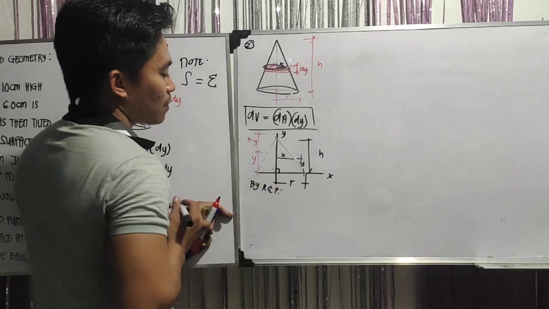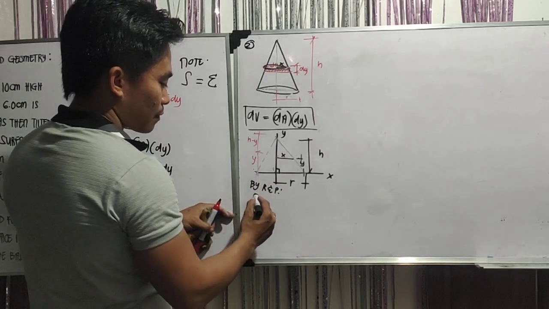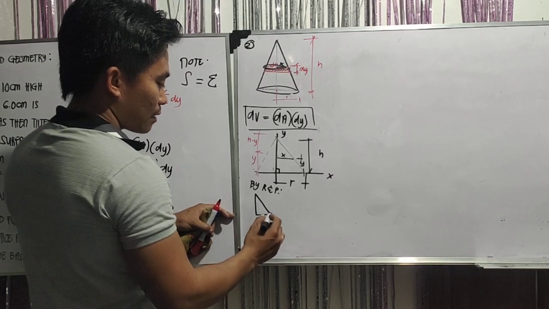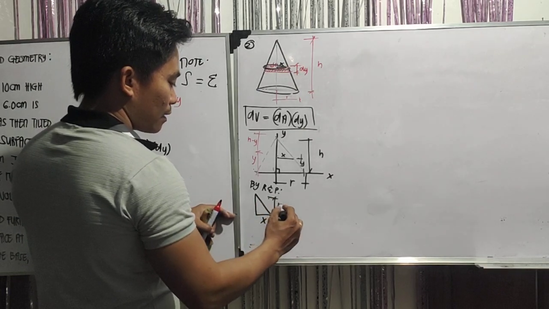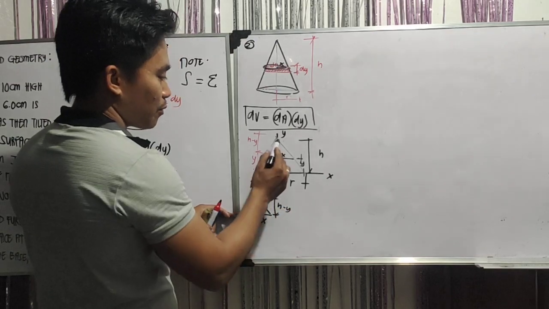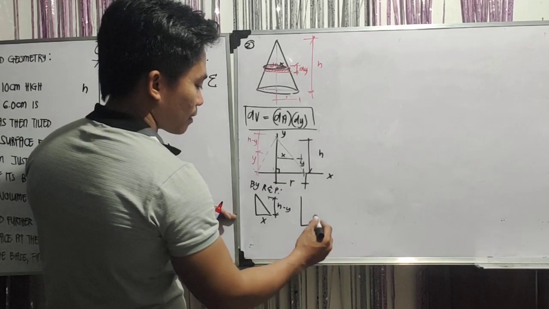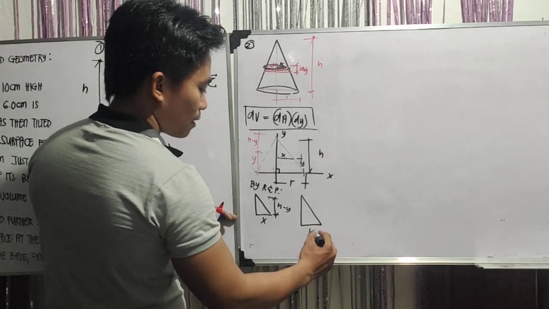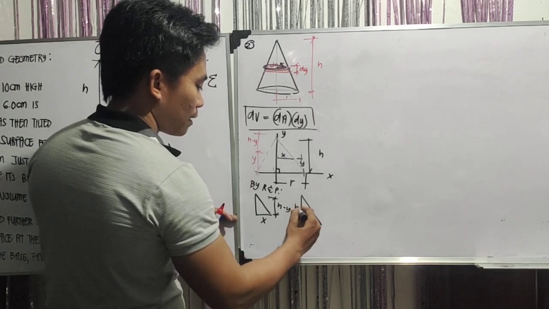Okay? Anong gagawin? Tingnan mo yung triangle na yan. Okay? This is x. Okay? And this is h minus y. Okay? Ito yung maliit na triangle na yan. This bigger triangle is what? This is actually r. And this is r. And this is h.